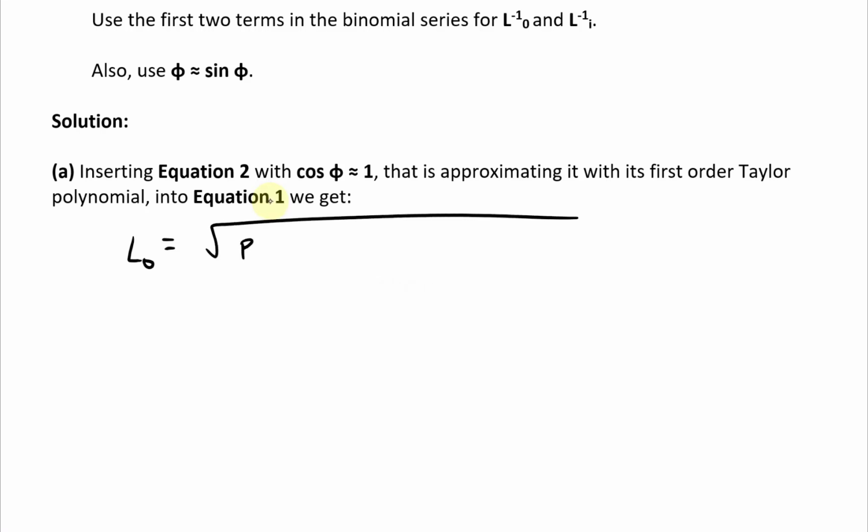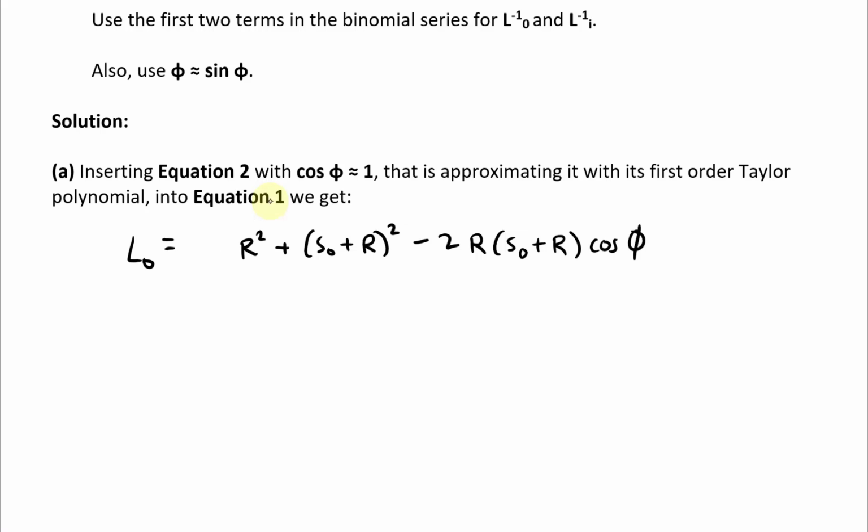It's going to be r squared plus s naught plus r squared minus 2r, multiply the sides, 2r, and then s naught plus r, multiplied by s naught plus r, times cosine phi. And let's double check this was correct, and it should be.